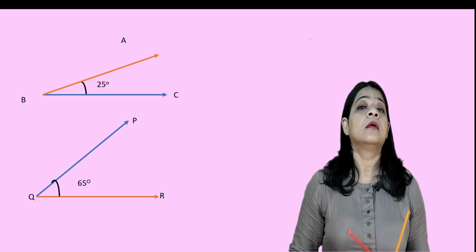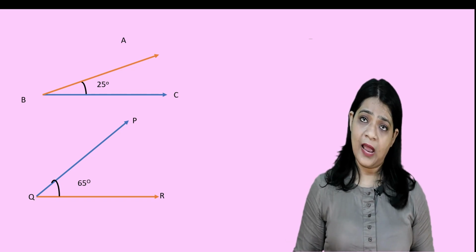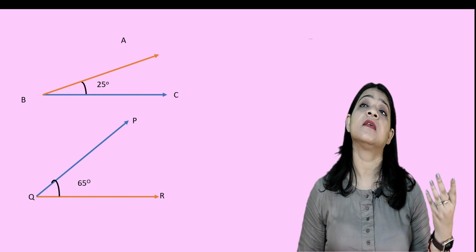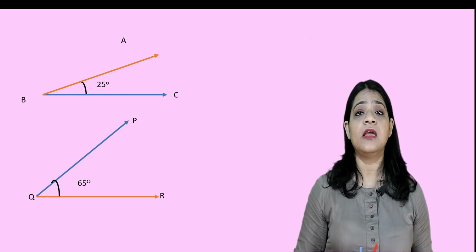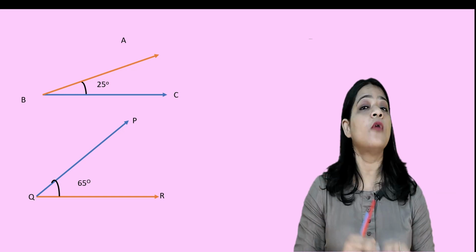Complementary angles may not necessarily be adjacent angles. If there are two separate angles, suppose one is 25 degrees and the other is 65 degrees, adding these two angles also gives you 90 degrees, and both are called complementary angles.